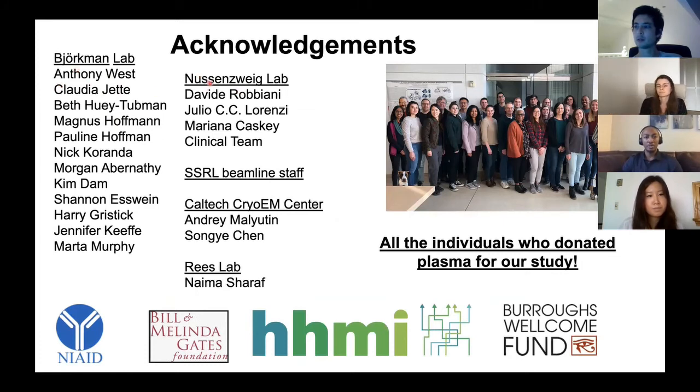Michelle's lab, Nussenzweig lab, Davide Robiani, and Julio, and the clinical team led by Mariana, for isolating all the antibodies and the donors, Beamline staff, the cryoEM Caltech Center, Naima Sharaf and Doug Reese's lab, and most importantly all the individuals who donated their plasma and their time to all of our studies.